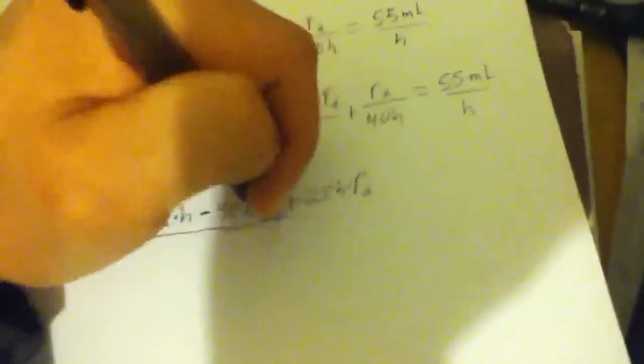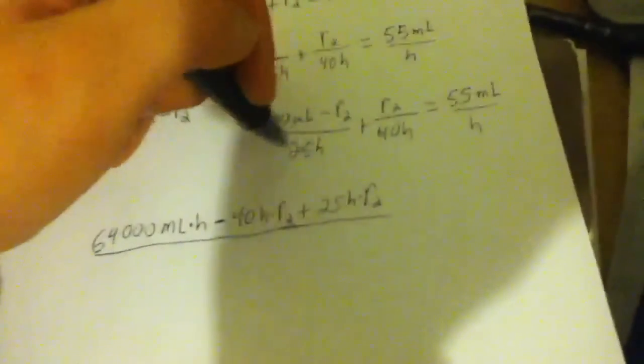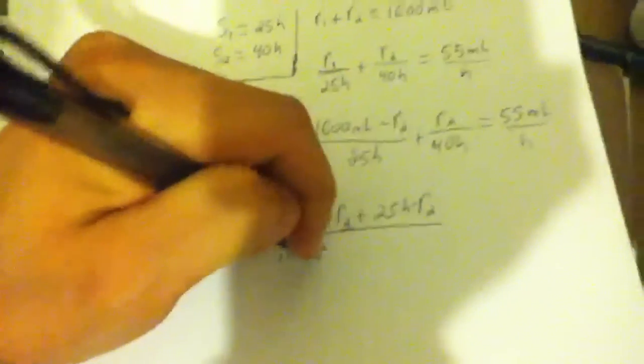Alright, now divided by the common denominator, which is 25 hours times 40 hours, and that gives you 1,000 hours squared, because like I said, we multiply the units also. Alright, so this is still equal to 55 milliliters per hour.